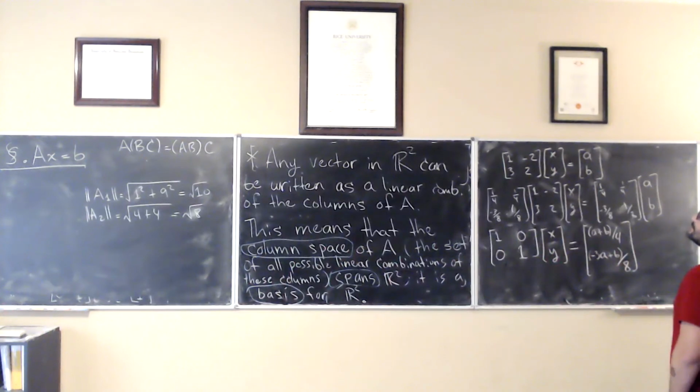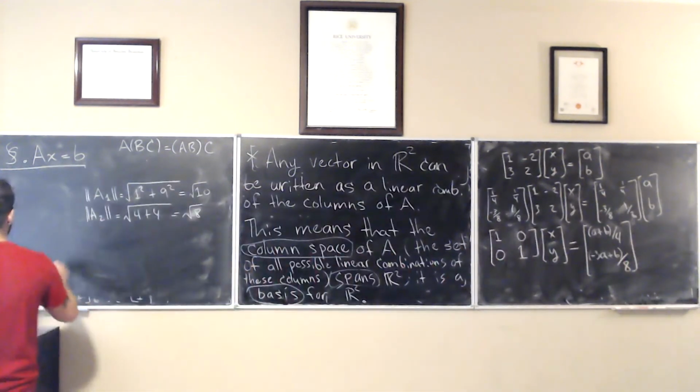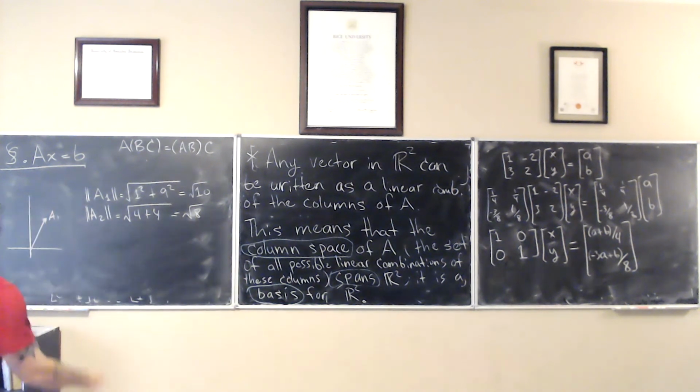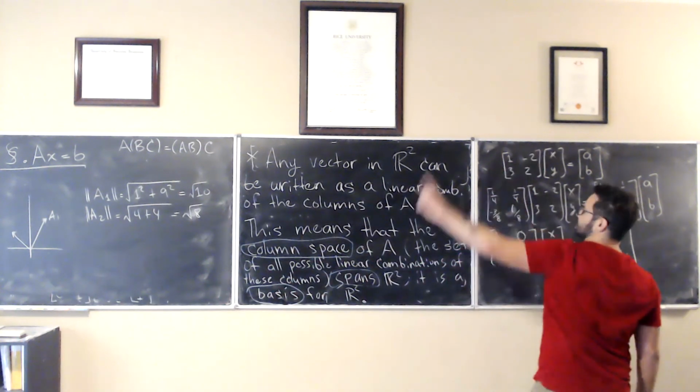So we know where these vectors live in space, these column vectors. Like, right there, 1, 3. That's like A1. And then negative 2, 2. That's like A2. So I'm going to do something that I've mentioned before.